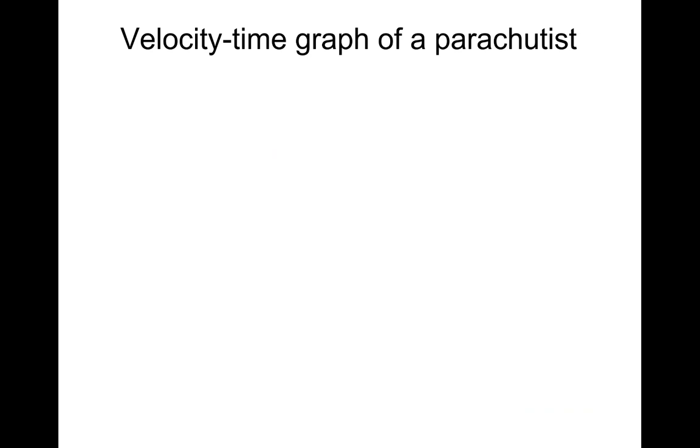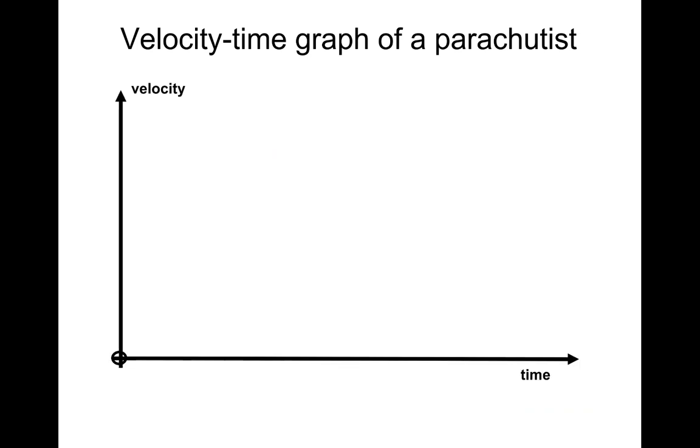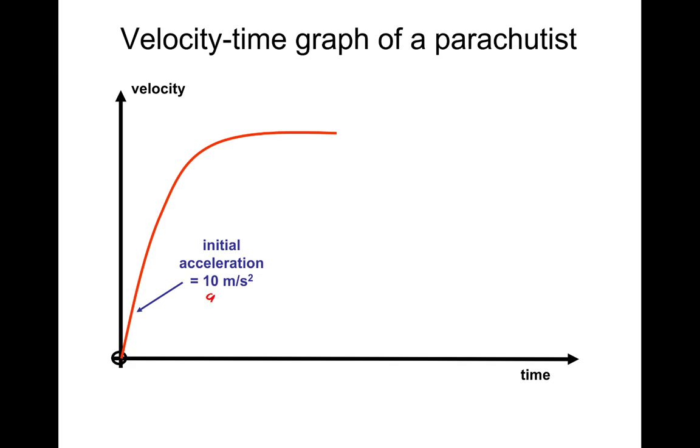Velocity time graph of a parachutist. We've got velocity against time. The first bit's linear. Then the rate of increase of speed, the rate of acceleration, starts to decrease until it levels out in the straight region at the top. The initial acceleration is approximately 10 meters per second squared. Remember, at the surface of the Earth it would be 9.8 meters per second squared due to gravity.